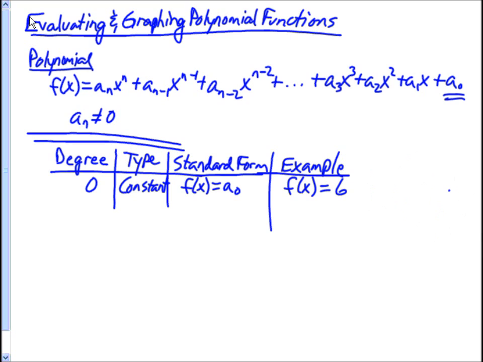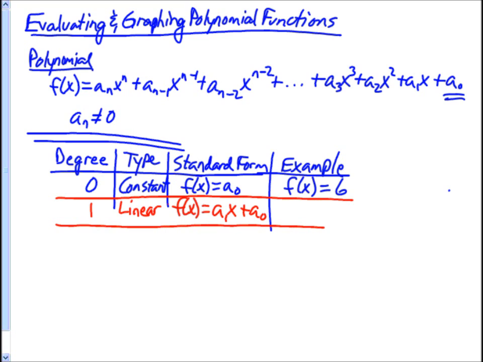All right, let's look at another one here. Let's go with degree 1. We call this linear. F of x equals, in your typical form, a sub 1 x plus a sub 0. A lot of the time you probably remember that as mx plus b.